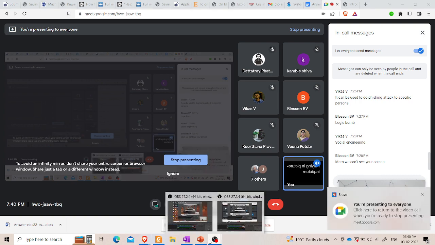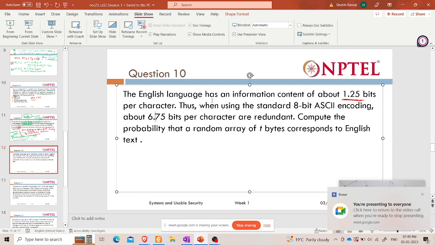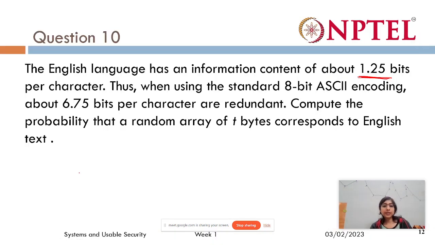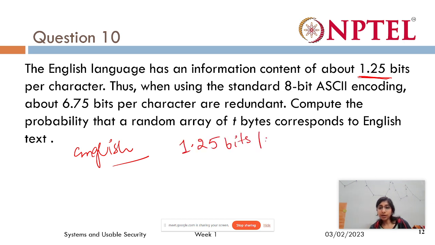So what we can do here is, it says for English content, per character, it needs 1.25 bits per character, right? This is the information given.